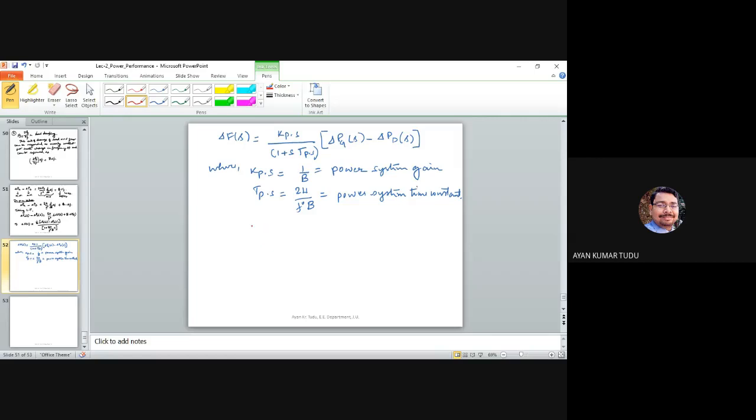If this was our speed changer, the input was delta PC(s), then Kg by 1 plus s Tg, then our Kt by 1 plus s Tt. Then this is our delta PD(s), that is any disturbance, and then we have our power system, the output of which is delta F(s).